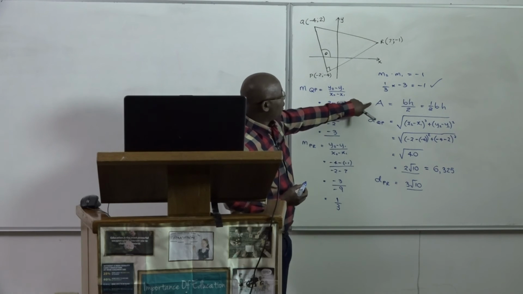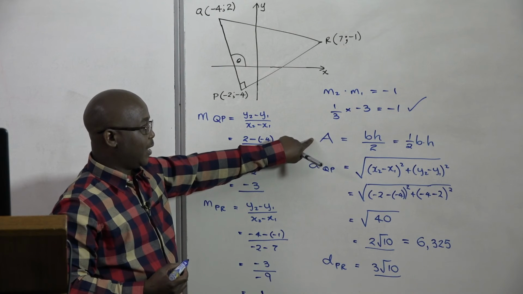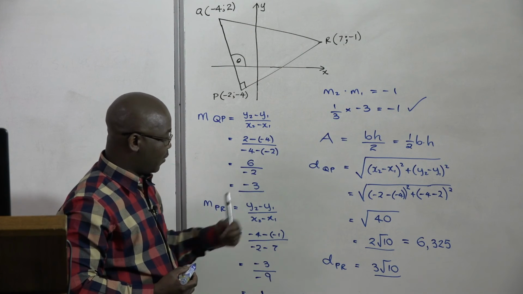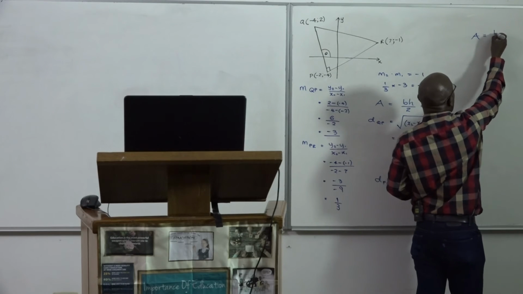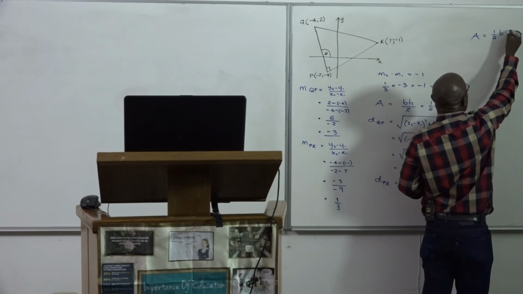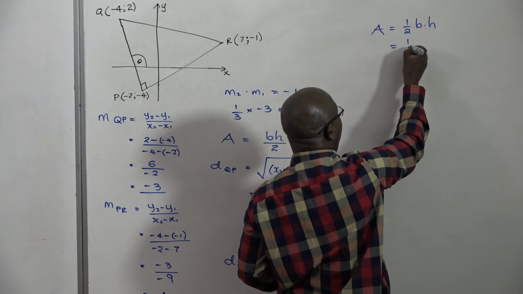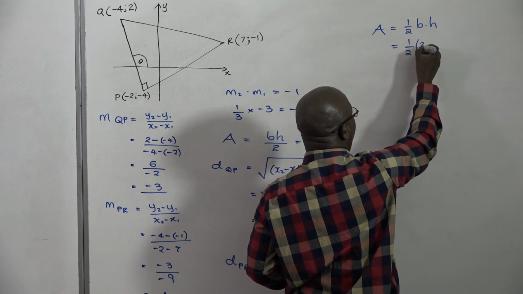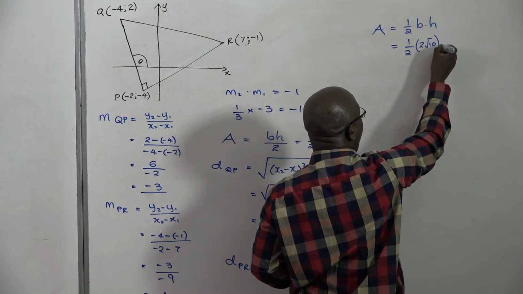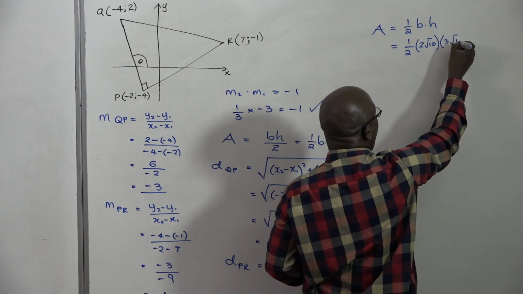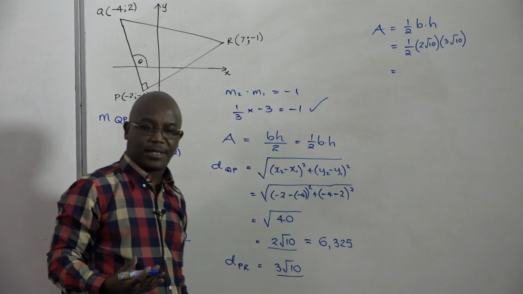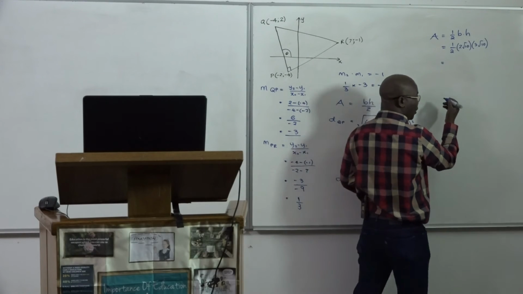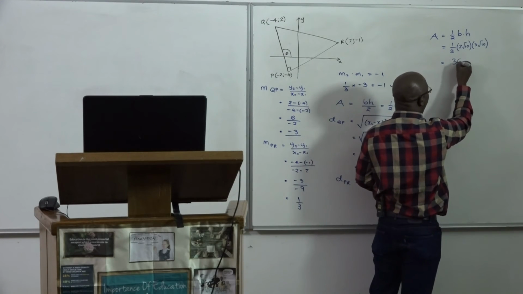Now we can introduce them into the formula and calculate the area of that triangle. We said area is half the base times the height, which means it will be half times 2 root 10 times 3 root 10. This you can easily punch into your calculator, and if you do that, you will get your answer as 30.